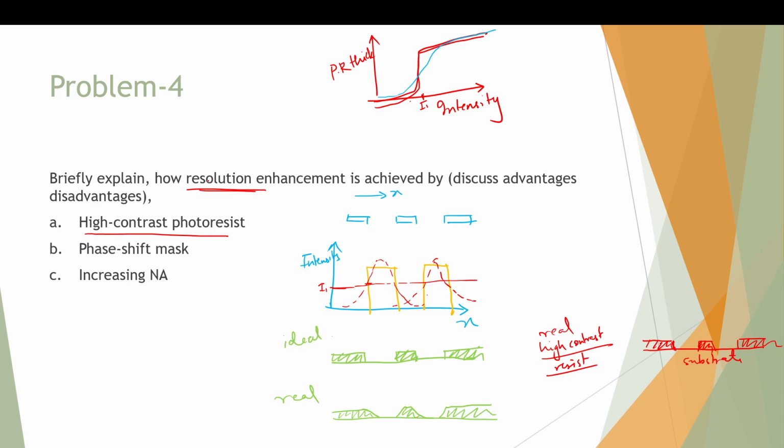Why do we say it is enhancing resolution? In cases where these two openings were very close to each other, my optical intensity profile would go up, and then because these two add up on each other, it will go like this.